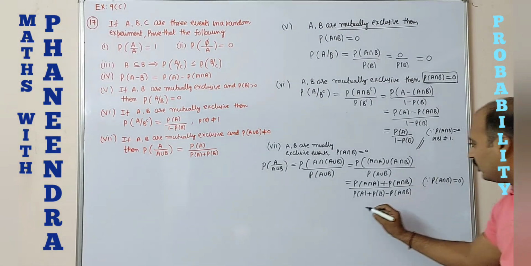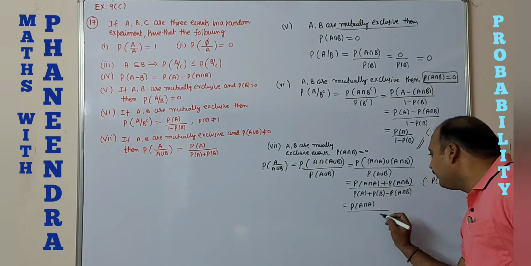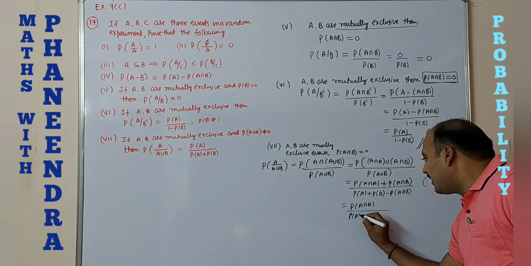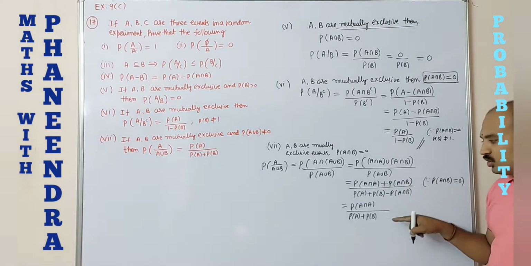So wherever P of A intersection B is there, that value goes to be 0.